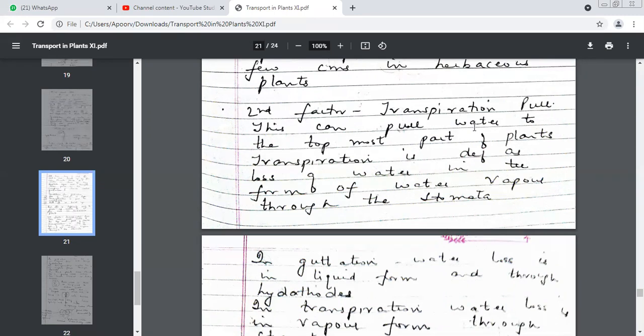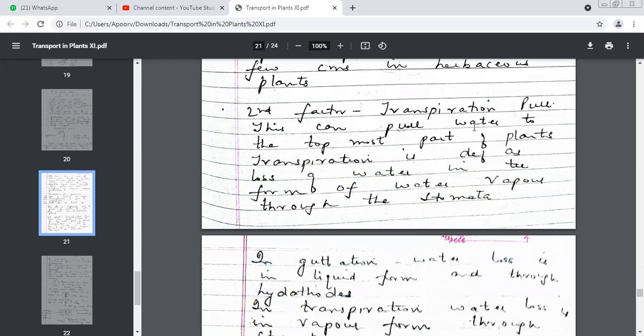So this force or this pull, which is created by transpiration, can pull water to the topmost part of plants also. That means I'm talking about big trees now. Root pressure is sufficient only for herbaceous plants. But with the help of transpiration pull, water can reach the top leaves of the plants also.